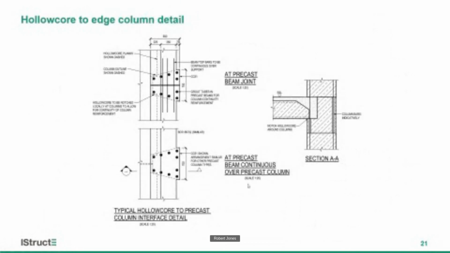One of the key interfaces at the edge was making sure that we could get the column bars up through the precast beam and past the edge of the hollow core, as well as making sure that the hollow core could bear onto the interface there. And we ended up looking at a detail where you notch out the end of the hollow core, and, all the will in the world, we thought this was the right way to go.